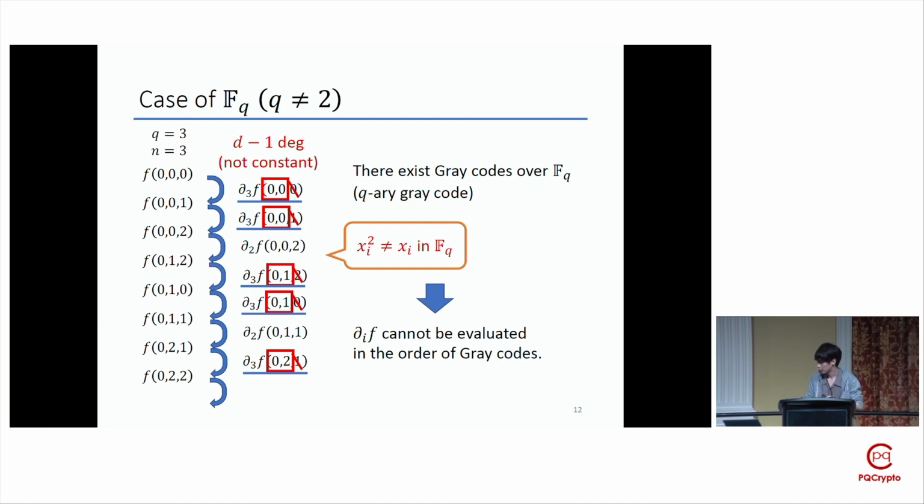But unlike the case of q equals 2, it doesn't hold that x_i squared equals x_i in F_q. So these ∂_3 f cannot be enumerated in the order of gray codes. And this is the reason why we cannot apply Bouillaguet et al.'s enumeration algorithm to the case of F_q with q a prime number.